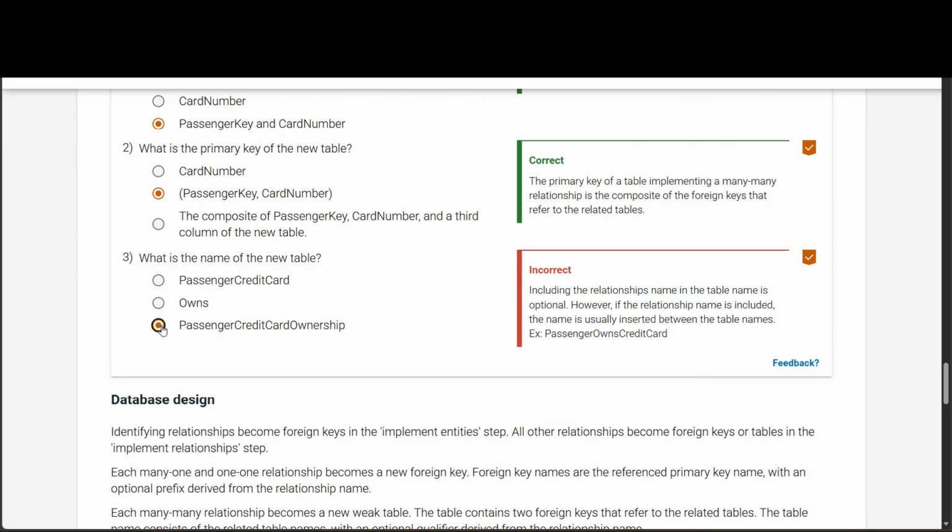Including the relationship name in the table name is optional. However, if the relationship name is included, it is usually inserted between the table names. Passenger owns credit card. So if you're including the relationship, then it needs to come in between. So in this case, the correct answer is passenger credit card.